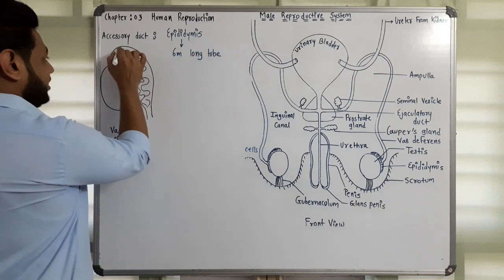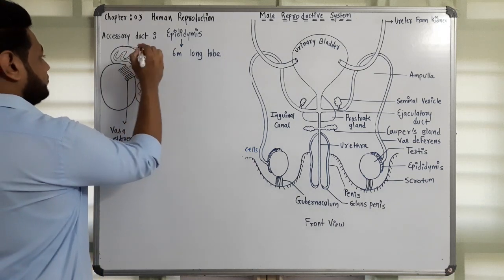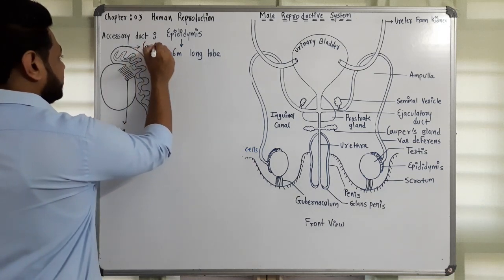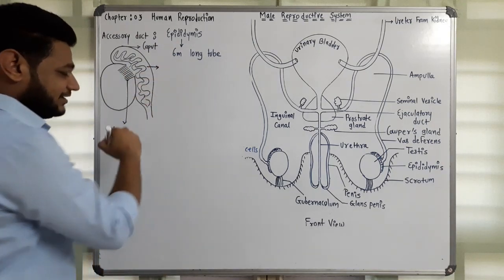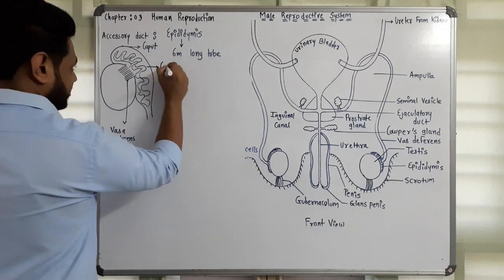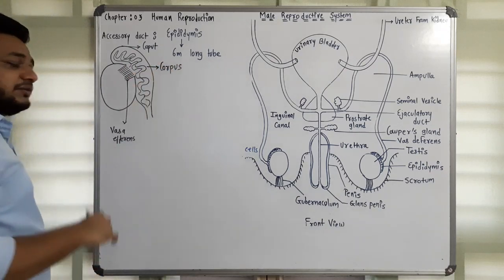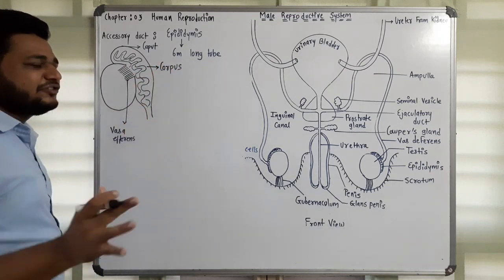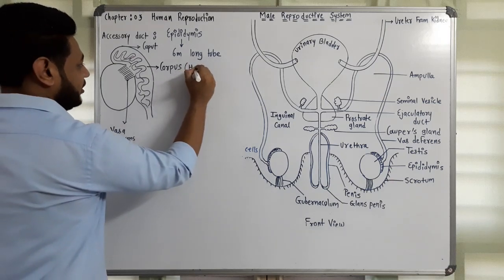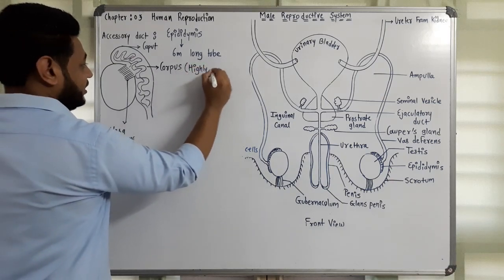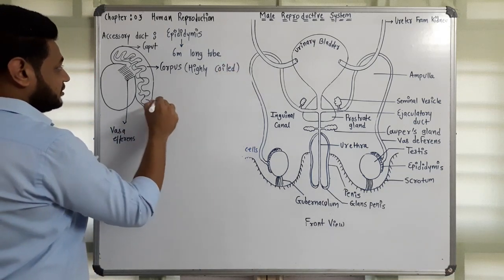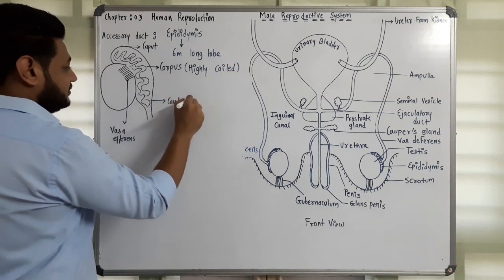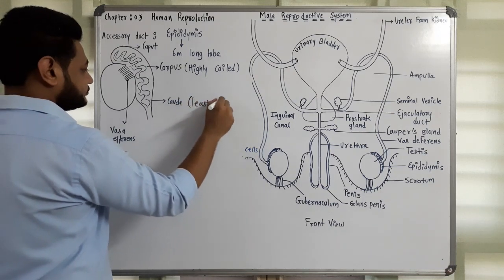The first part is called the caput epididymis. The middle part is referred to as the corpus epididymis, which is highly coiled, and the last part, the cauda epididymis, is the least coiled part.